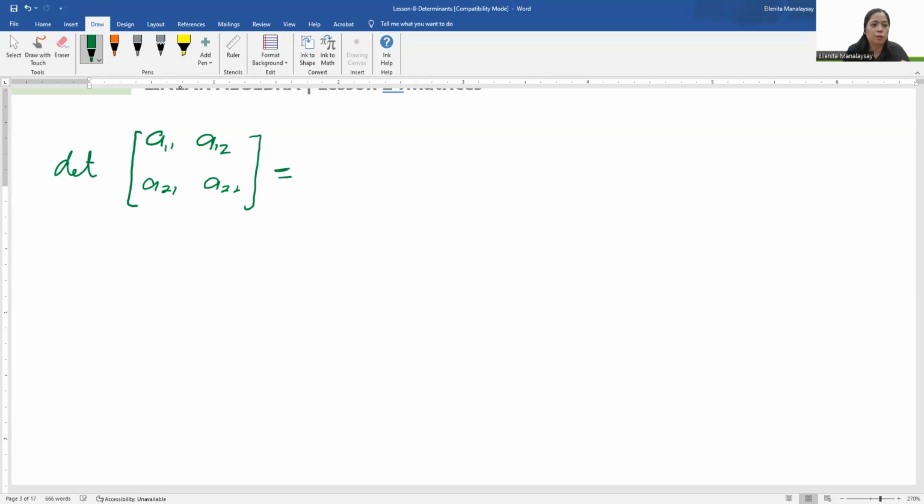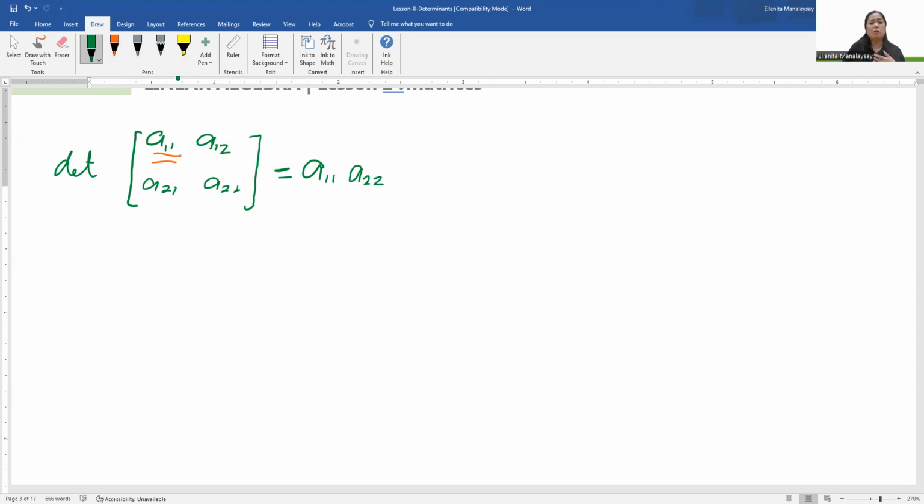So this is equal to, first, if I'm going to choose A11 as the entry from the first row, then the entry from the second row will not be A21, because it's not possible, not from the same row, not from the same column. So basically, the one we will include here is A22.